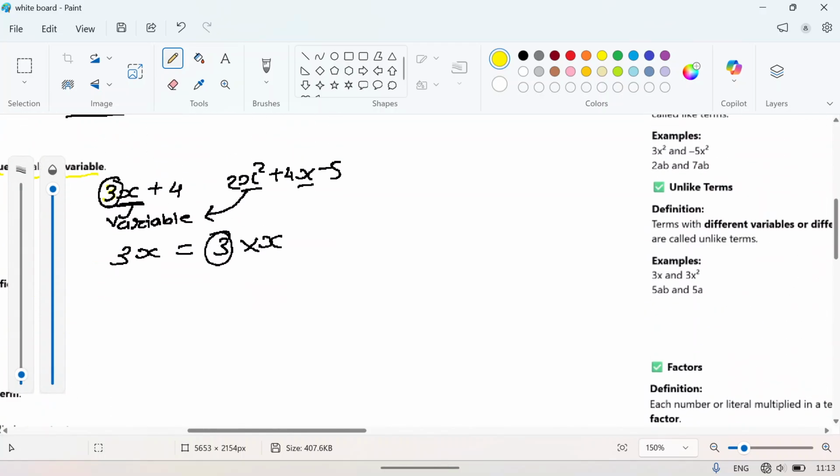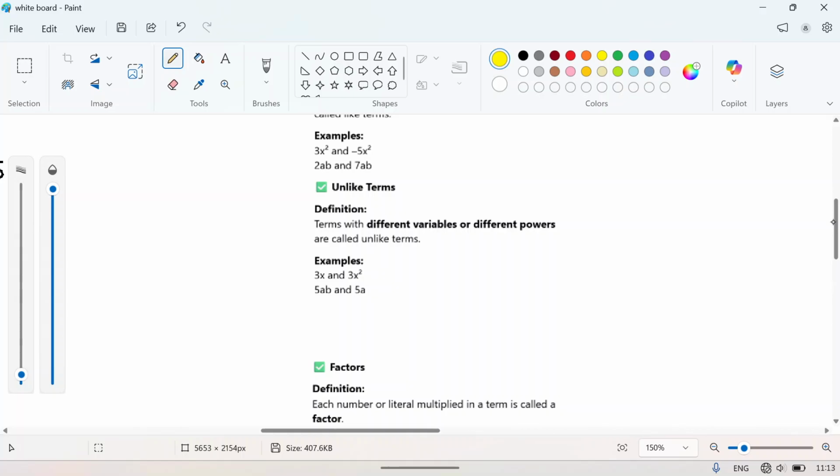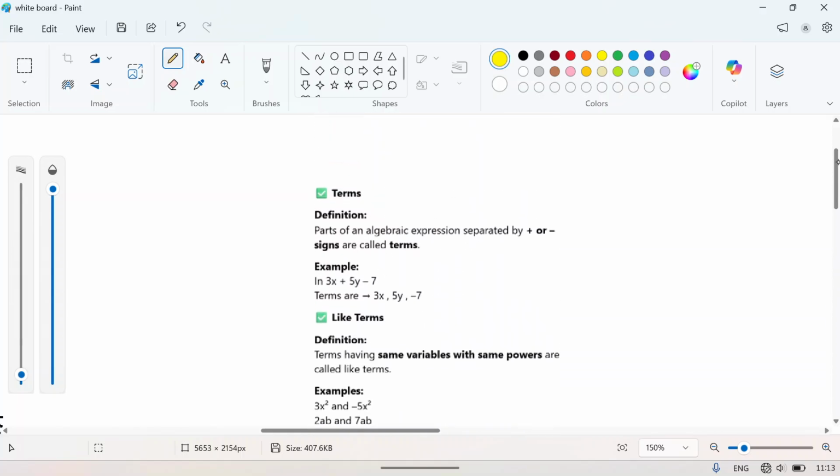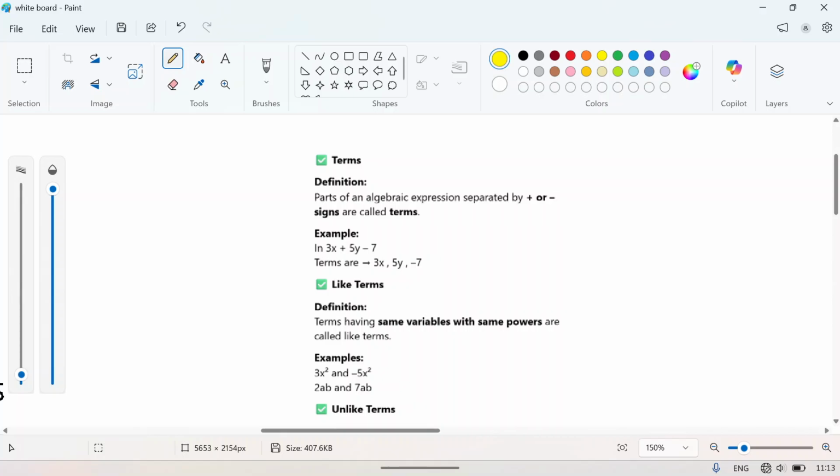Move to the next terminology, terms. The terms are the parts of an algebraic expression which are separated by any symbol or operation. Parts of an algebraic expression separated by any symbol or sign are called terms.